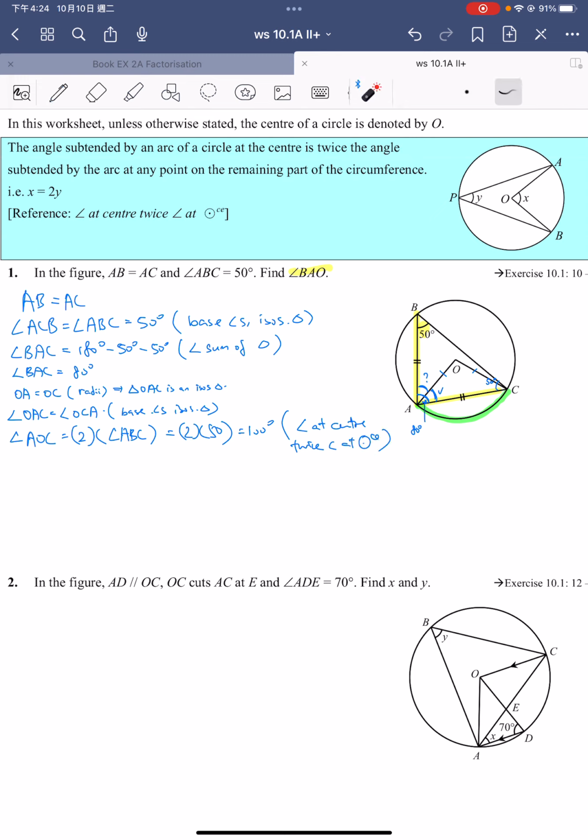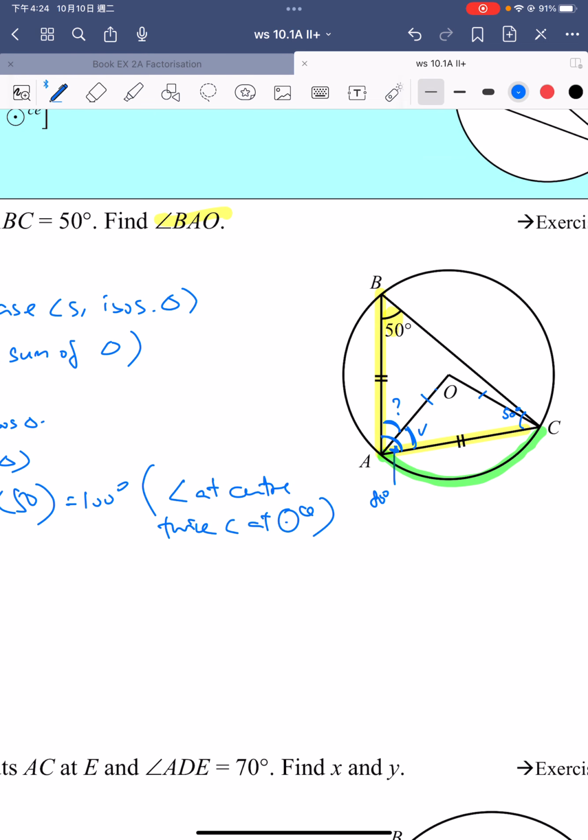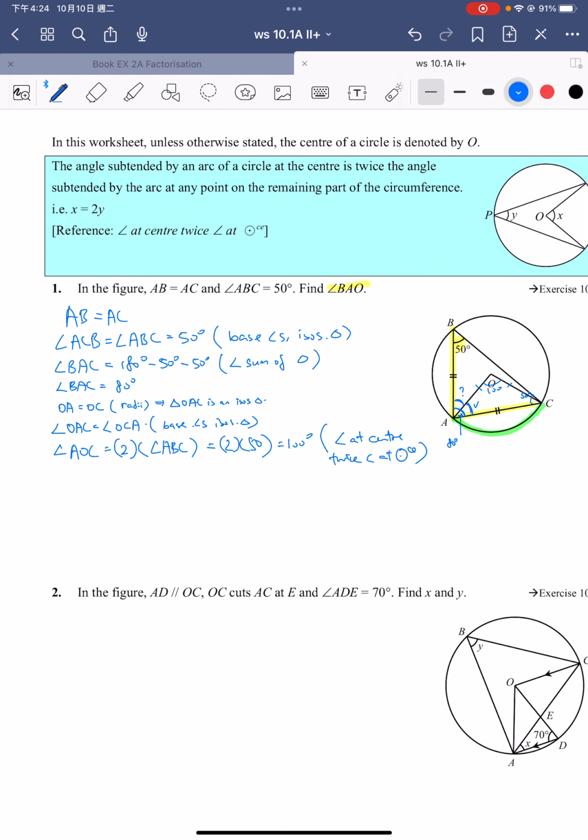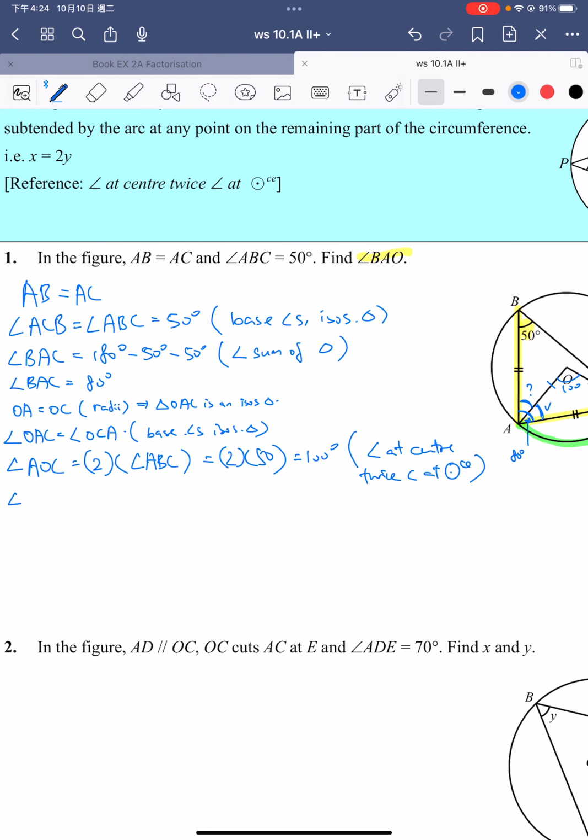So this is equal to 100 degrees, which means that in the angle sum of triangle OAC, this is equal to x, this is equal to x, and the larger one is 100, and all together they add up to 180. So the angle OAC times 2 plus 100 degrees gives you 180 degrees, by using the angle sum of triangle, so the angle OAC is 180 minus 100 gives you 80, divided by 2 gives you 40 degrees. So this gives you 40 degrees.